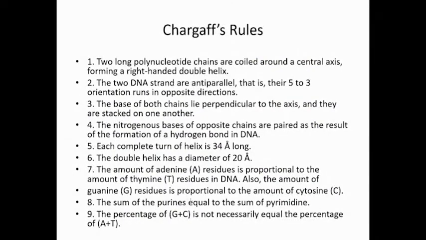And then the sum of the purines equals the sum of the pyrimidines. The amount of adenine is always proportional to the amount of thymine, and G to C. So if you have 10% A in the genome, then you will have 10% T in the genome.